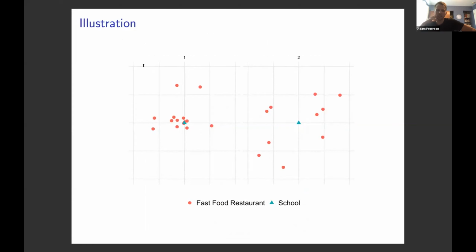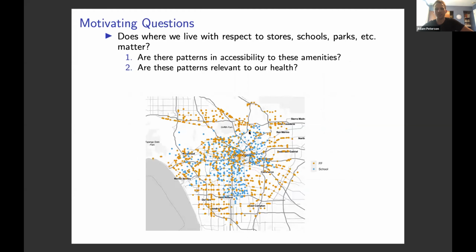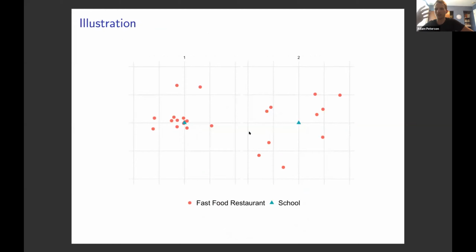To take things at a higher level, make things a little more hypothetical and easier to understand than all of those points on the previous slide, let's consider two hypothetical schools. We're going to think about whether being near fast food restaurants when you're at a certain school shows patterns in that kind of exposure, and whether those patterns are meaningful.